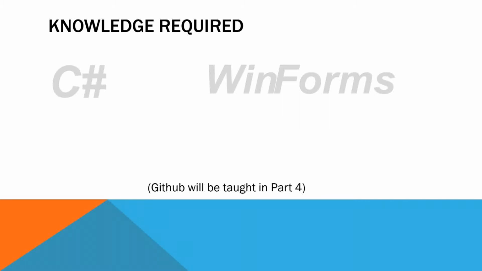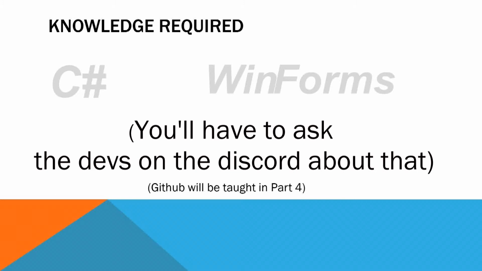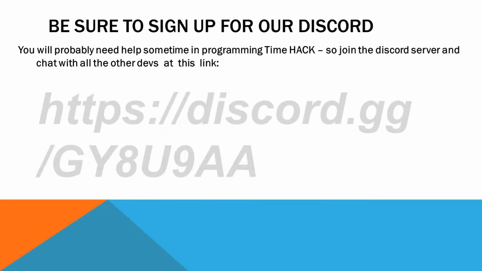You can also do it if you know some HTML, but you'll have to join the Discord and talk to the devs about that. And what I mean by the HTML is basically things like the help articles and the websites. So you could do that for us, you see. Now, I will teach the GitHub in part 4 because, as I said, part 4 is basically just going to be a massive tutorial on GitHub.